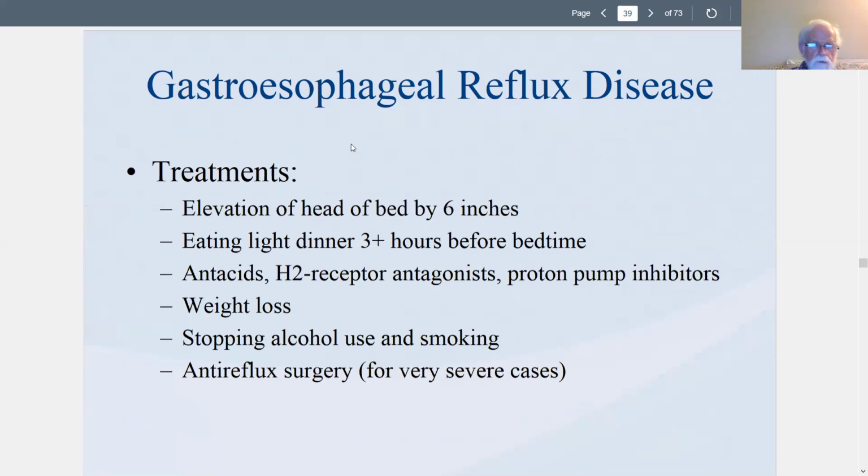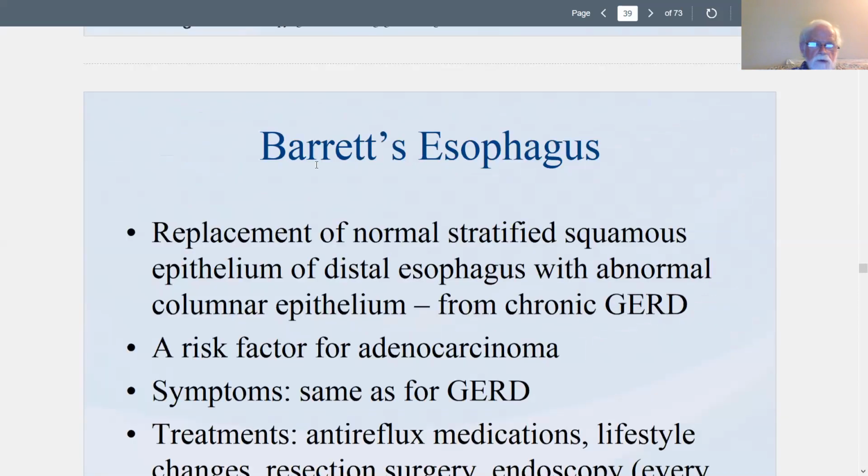Eating several hours before going to bedtime, taking certain drugs, antacids, H2 receptor antagonists like Tagamet and Zantac, proton pump inhibitors, and others. Losing weight's a good idea if you happen to have GERD. Don't use alcohol or smoke. And for severe cases, there are some surgeries.